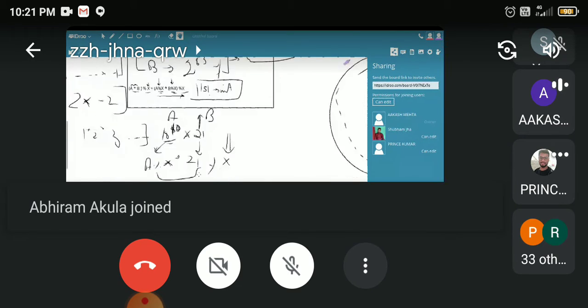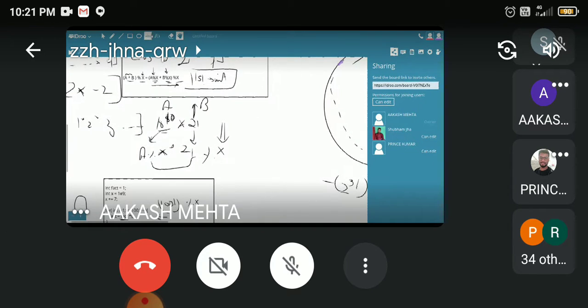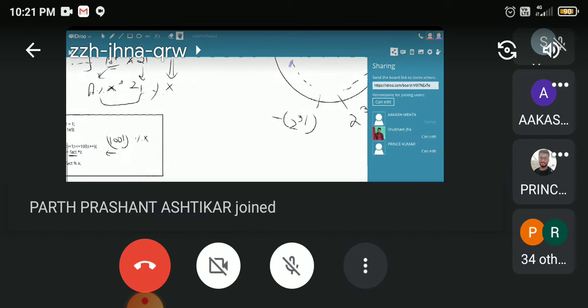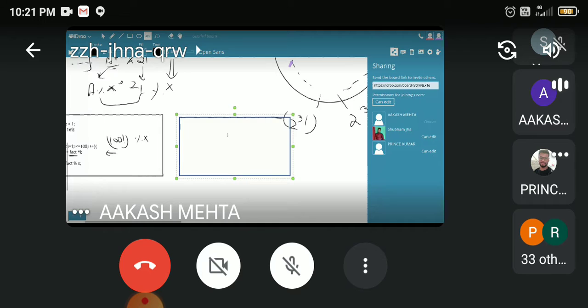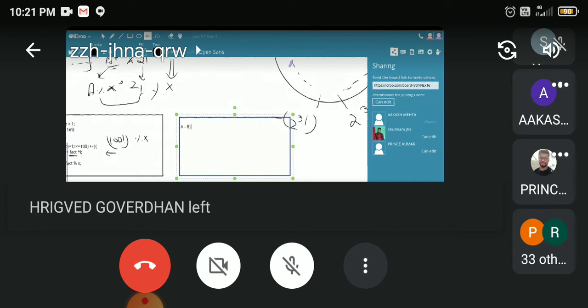Okay, so the next property is for subtraction. In case of subtraction, let's say we want to do a minus b modulo x.